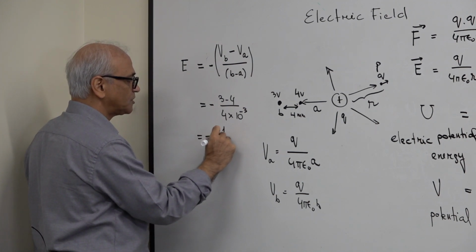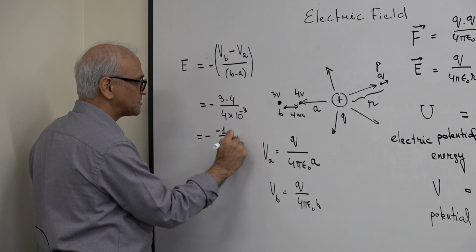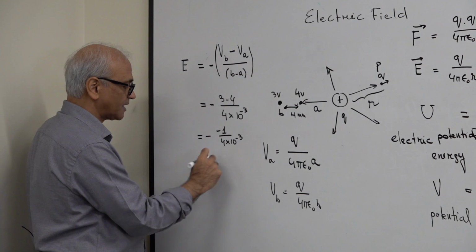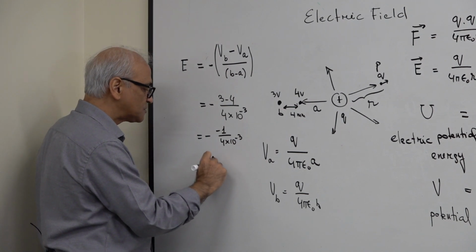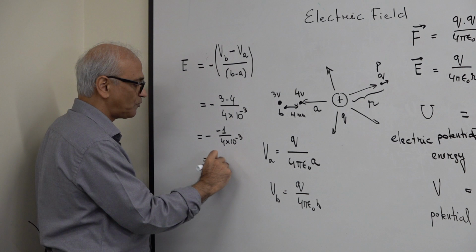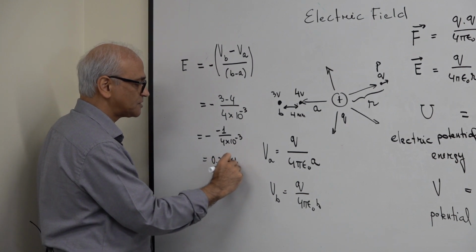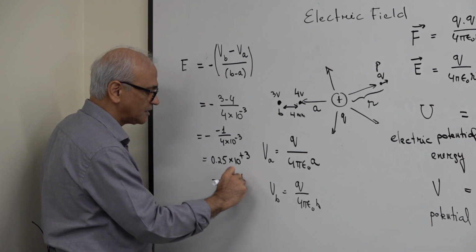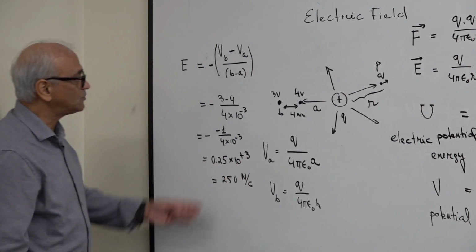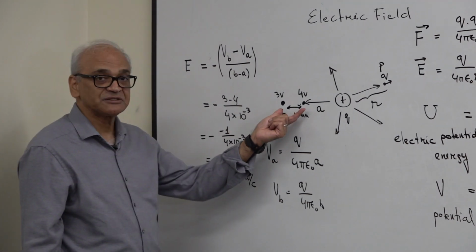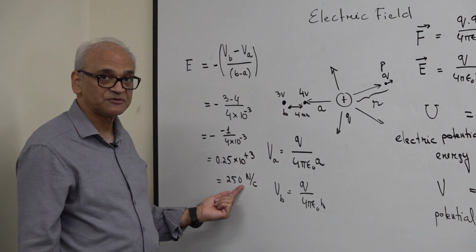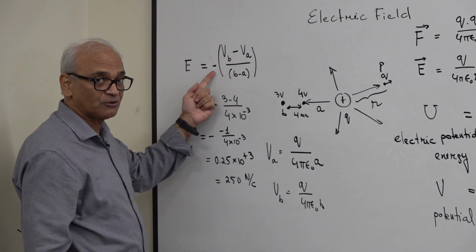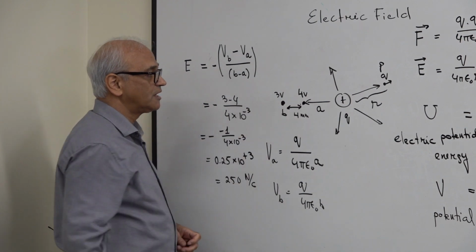This is minus 1 on the top, over 4 times 10 to the power minus 3, so that would be plus. 1 over 4 is 0.25 times 10 to the power plus 3. So it will be 250 Newton over Coulomb. That will be my electric field. I can measure the electric field right here. It's 250 Newton over Coulomb, going to the left. That's why I put a negative over here so that I get the right direction.